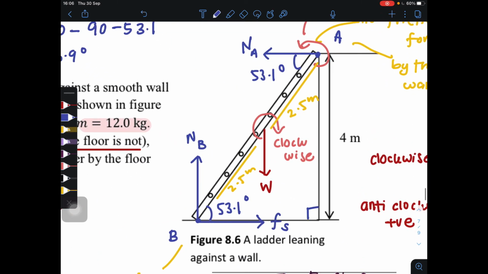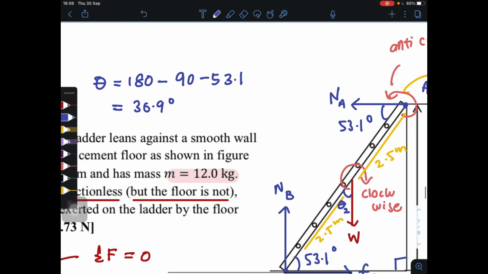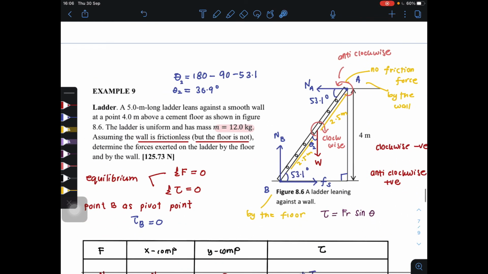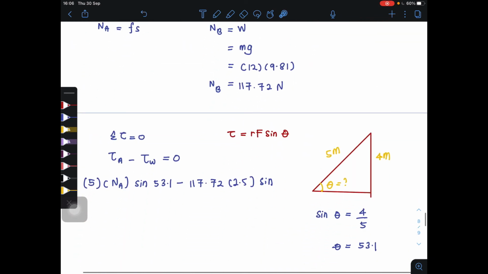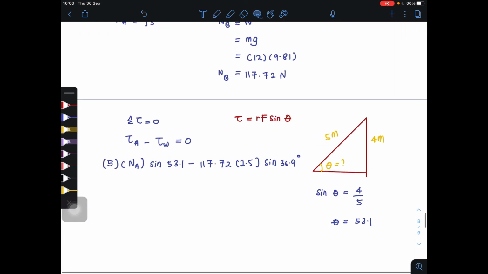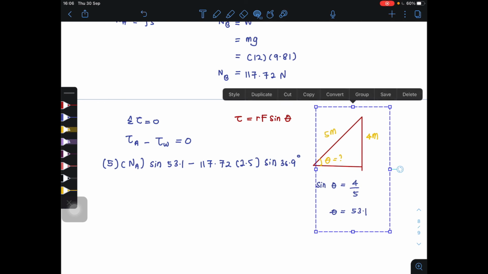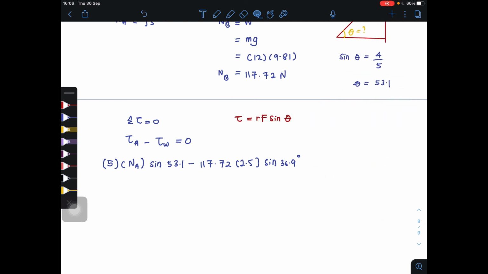So here the angle 2, which is this one, angle 2, 36.9 degree. And then masukkan 36.9 degree. Let me move this one first to here, and then akan sama dengan kosong.